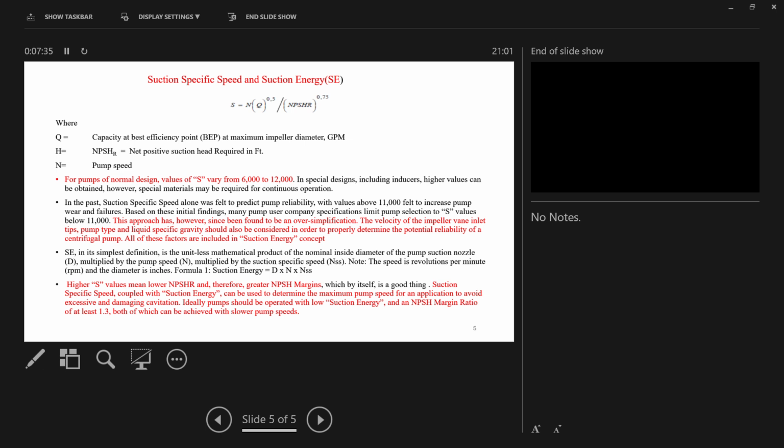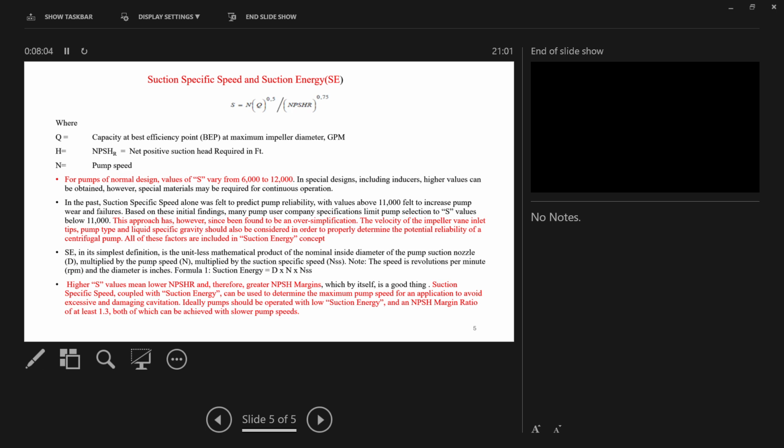So before selecting the pump, you have to select a pump whose suction specific speed is low, and at the same time its suction energy should also be low, and the margin of D2 by D1 should be at least 1.3. So these are the three parameters which we have to look into before selecting a pump.